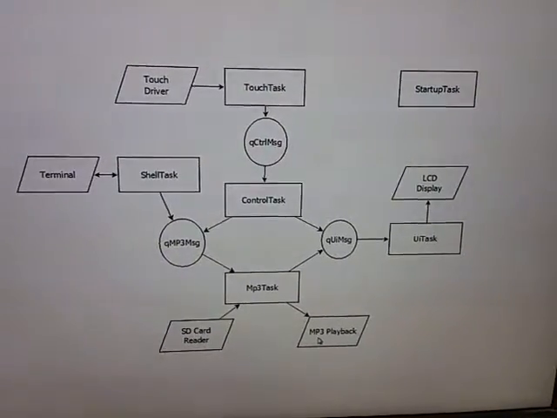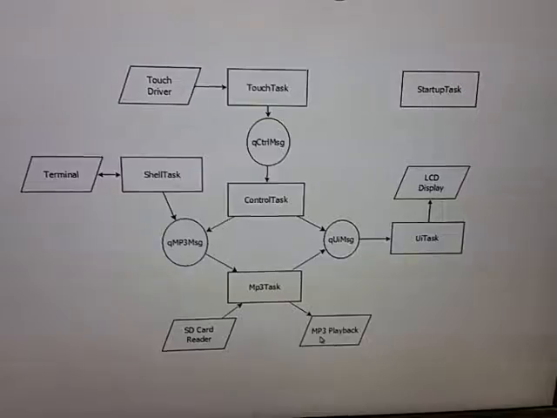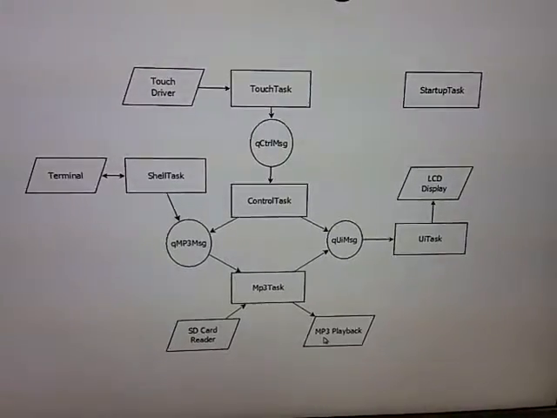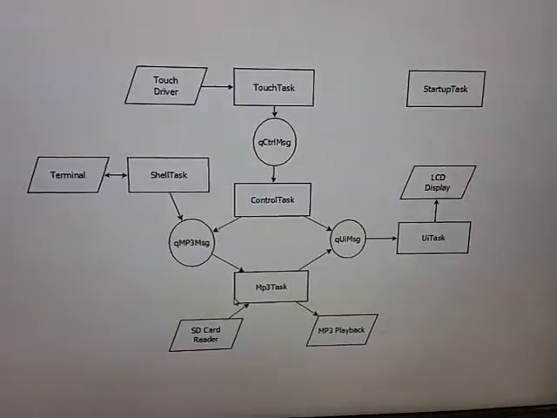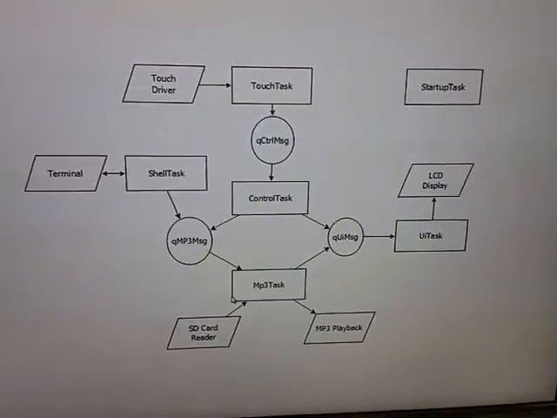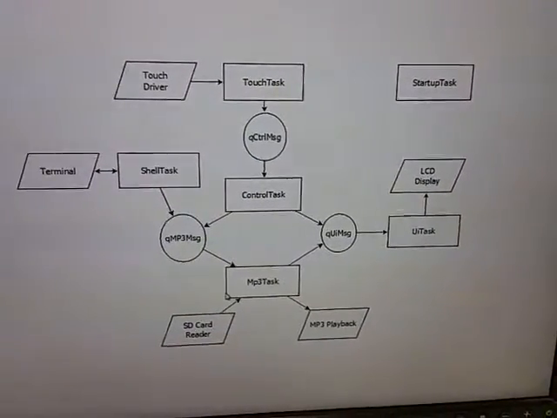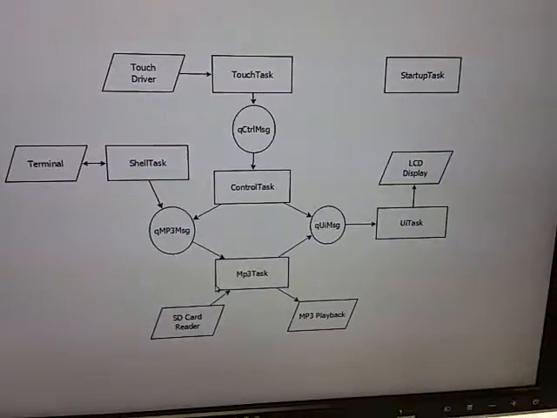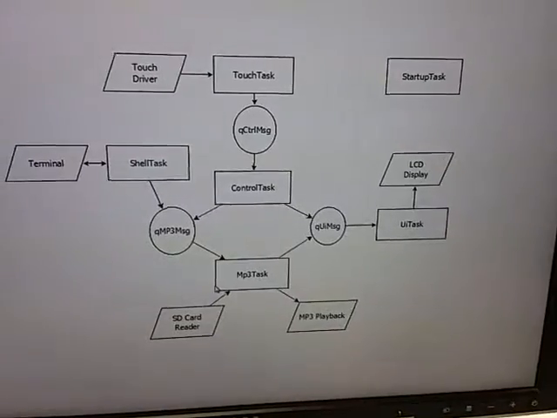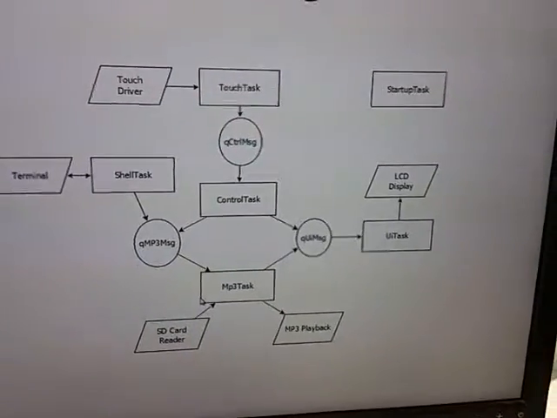Otherwise, it accepts messages from the message queue, does not block because otherwise it would hang the MP3 playback, and depending on the messages coming in, sets the system state to play, paused, or stopped, opens the previous or the next file, or rewinds the file to the beginning if stop has been pressed.